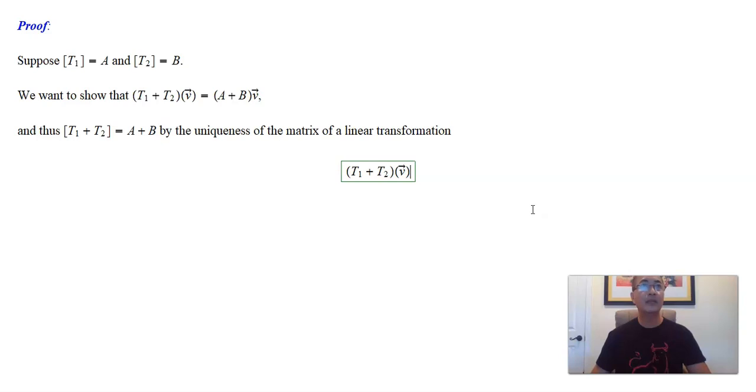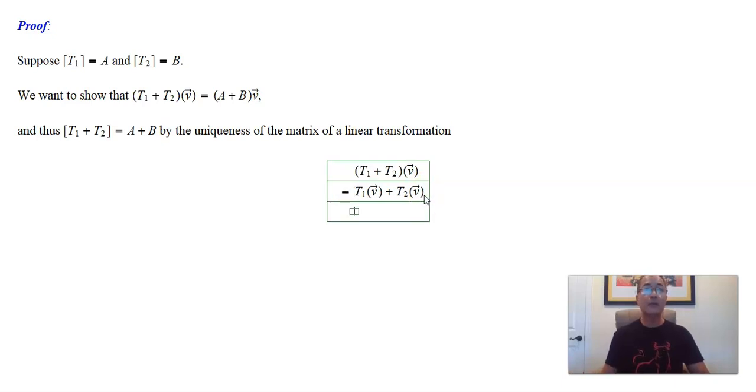Okay, so let's prove it for T1 plus T2, and of course the others, T1 minus T2, K times T1. It's the same idea. So, what is the quantity T1 plus T2 evaluated at V? So we know from the definition that this means take T1 of V and add T2 of V. Okay, so let's put an equal sign there.